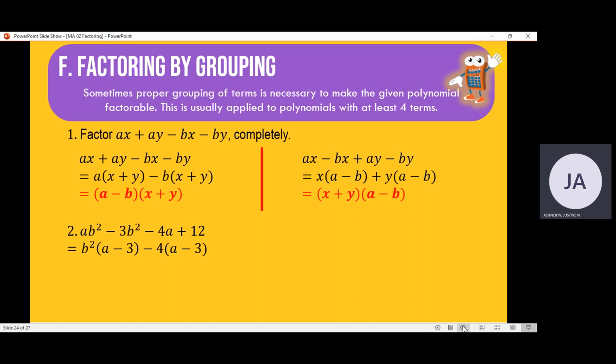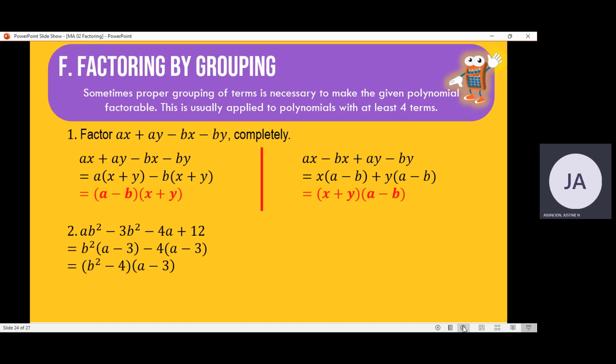And for negative 4a plus 12, we factor out negative 4, which gives us negative 4 times the quantity a minus 3. Again, there's a common factor of a minus 3. Let's regroup. So that's b squared minus 4 times the quantity a minus 3.